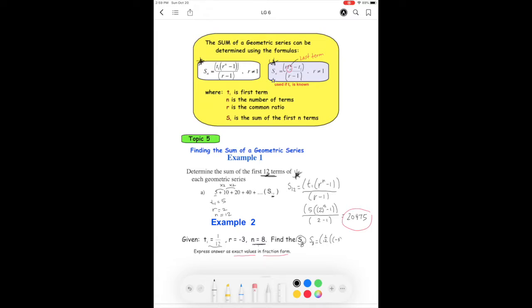This is where it's very important. You have to have that bracket around that ratio, to the 8, because 8 is the number, minus 1 bracket, all over the ratio, which is -3, subtract 1, and bracket around that.